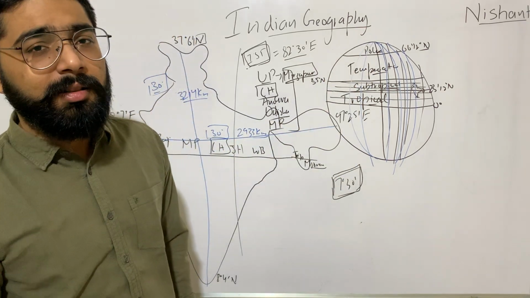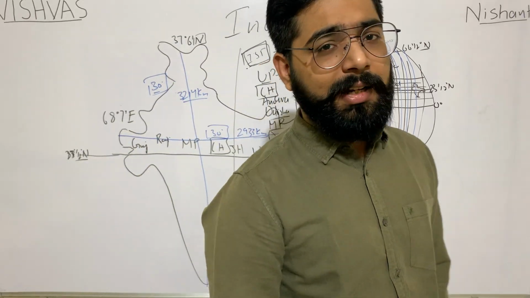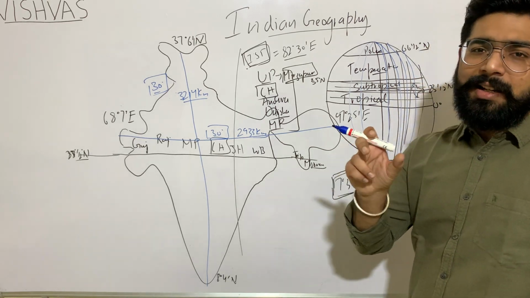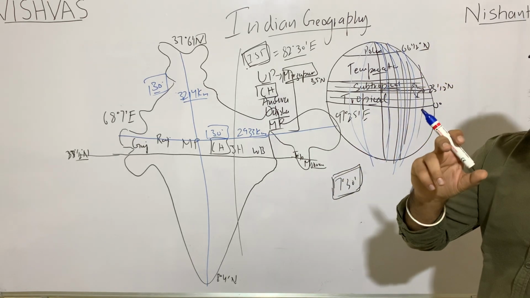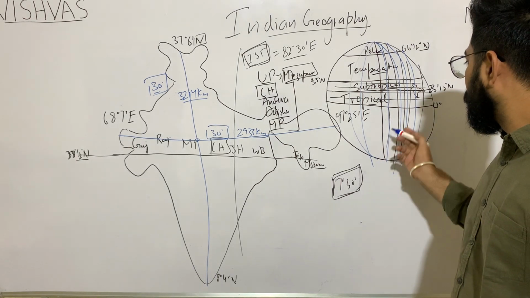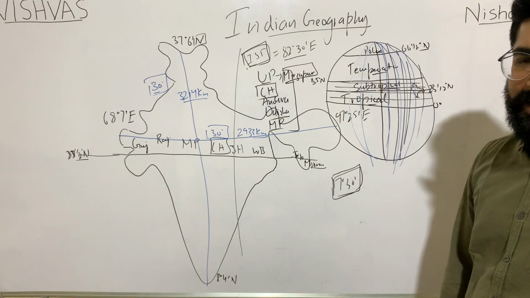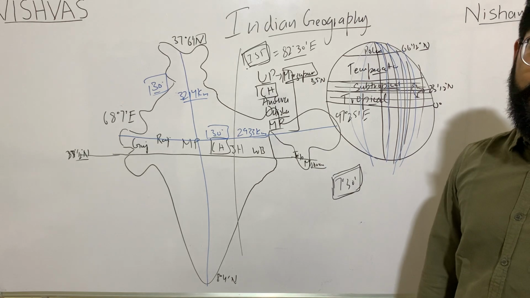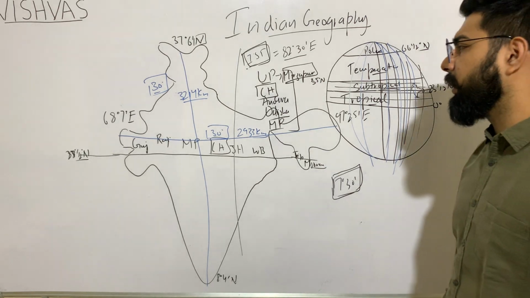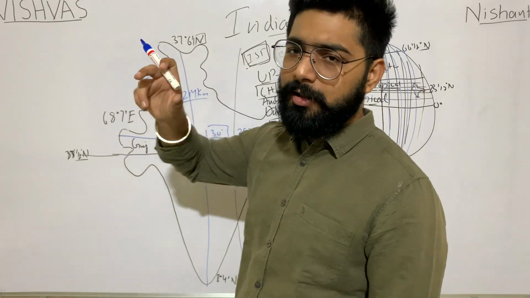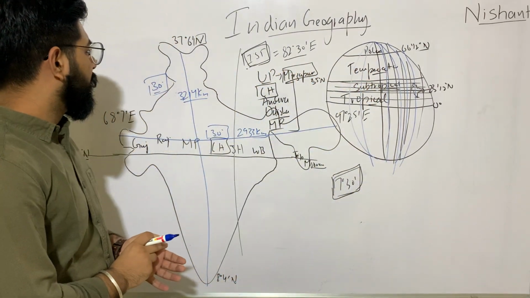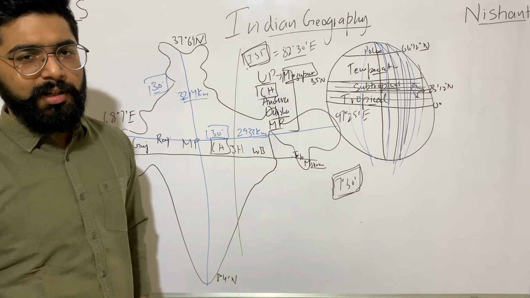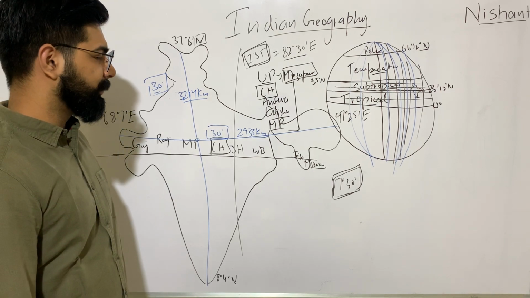But there is no such case in latitudes, and the difference between latitudes remains almost equal, that is 111 kilometers. But the difference between longitudes decreases. So this is the reason that this east-west extent of India has lesser distance, despite the fact that the latitudinal and longitudinal extent of India is 30 degrees.